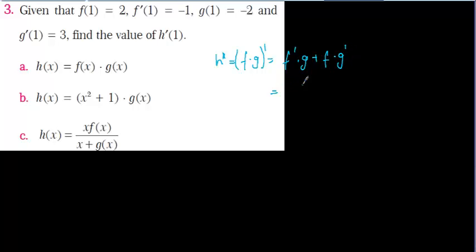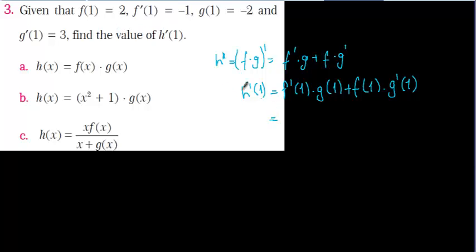So h derivative at 1 is equal to f derivative at 1 times g1 plus f1 times g derivative at 1, and all of the expressions are written here.